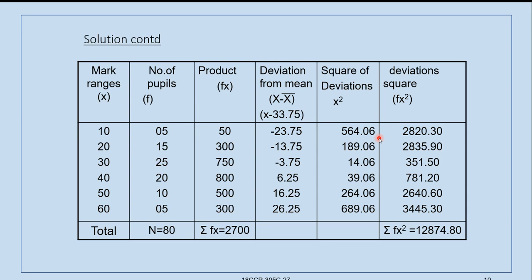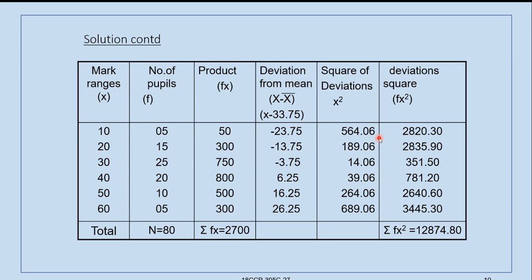Now here we have taken deviations and we have taken the square of the deviations, that is 23.75 into 23.75, 564.06, and so on. Next we will take fx square, f into x square.